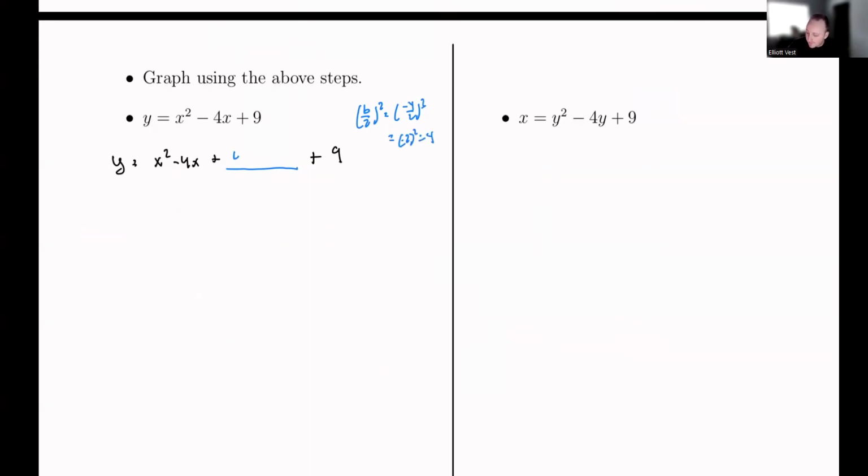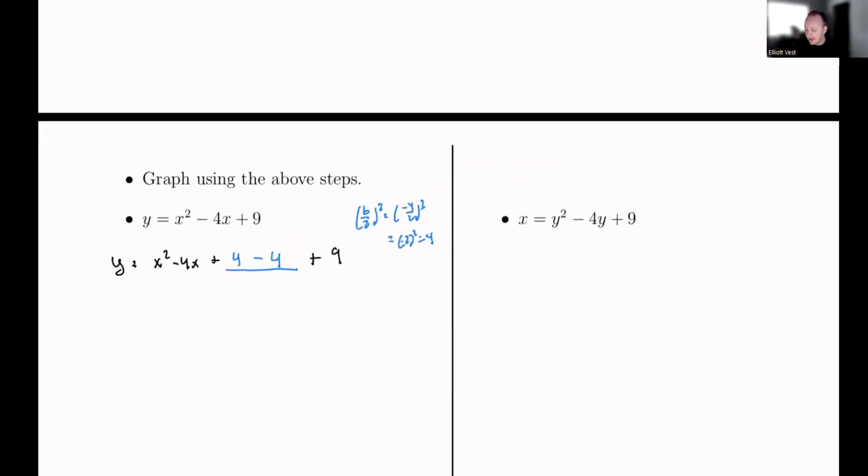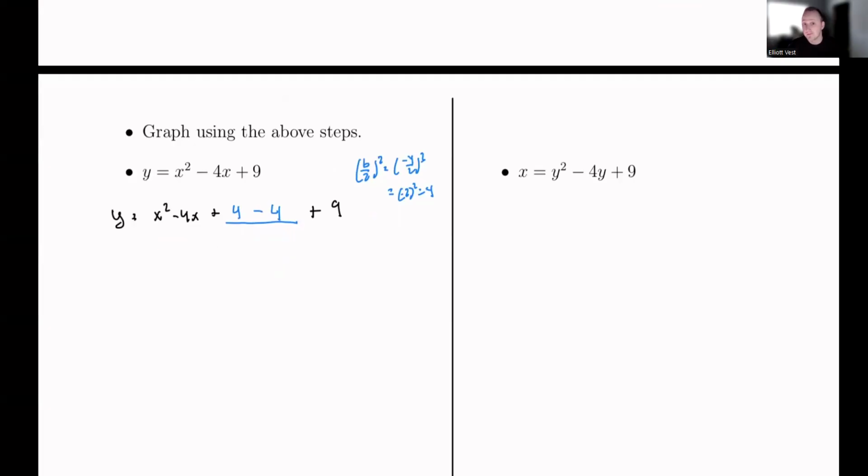So if I add 4 and then subtract 4 at the same time, I'm not adding anything new into the equation. That's the goal when we're doing algebra-based stuff. We don't want to change the equation. We want to massage, rearrange, manipulate so that things are of cleaner form for us. One way we can do this is by adding and subtracting the same number. It doesn't change the numbers, because if I simplify this, it just becomes 0.